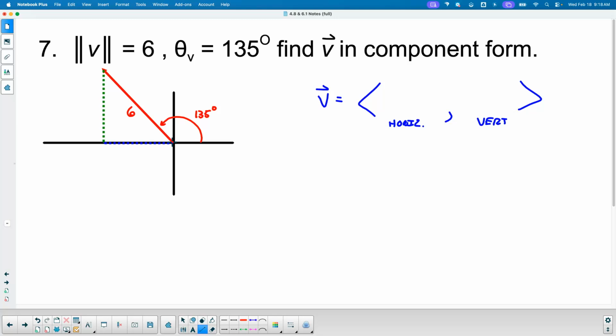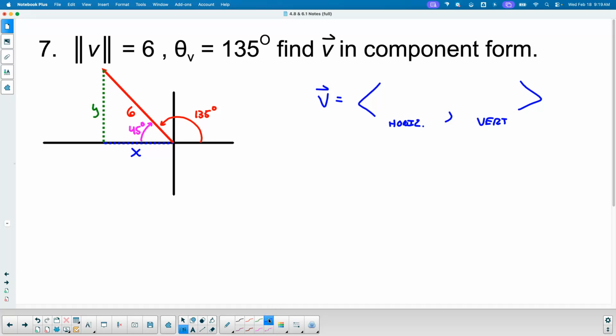All right, what do I know about this angle right there? What do I know about that pink angle? 45 degrees, yep. So what's x going to be?